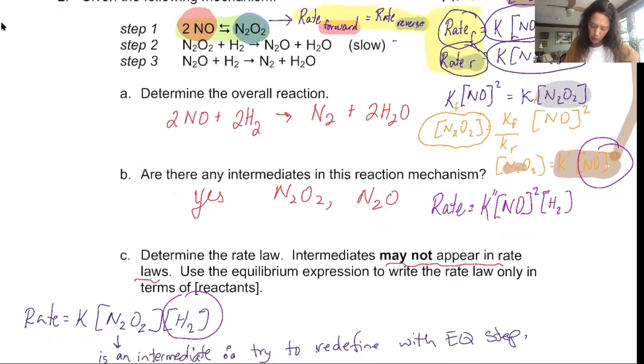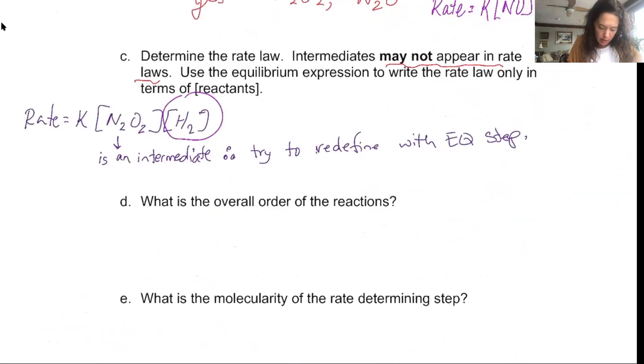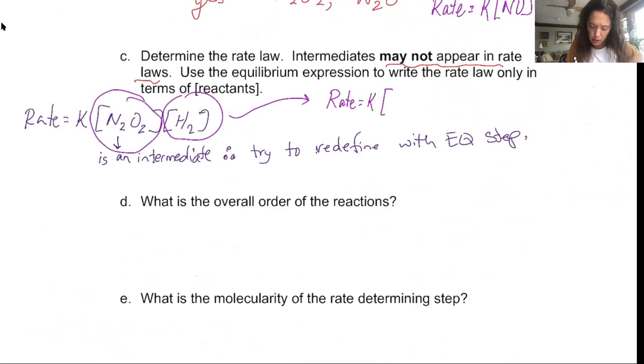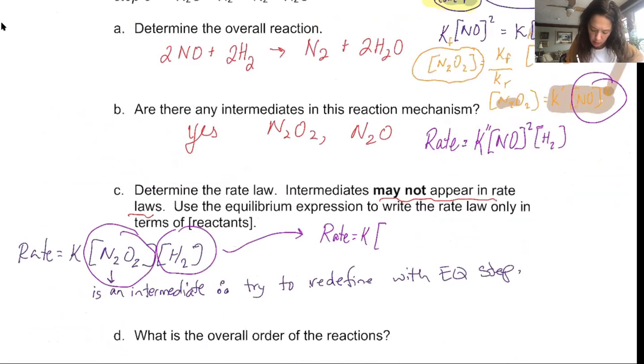So this got turned into rate equals K NO squared H2. We redefined N2O2 as NO squared, which is not an intermediate, and we had to keep our H2 in here. So that is our answer.